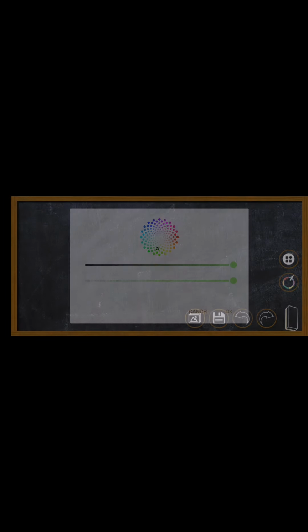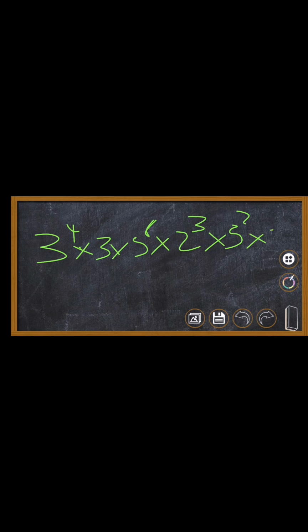So that was A. Our B would also be somewhat the same because we are working with different bases. So we have 3 to the power of 4 times 5 to the power of 8 times 2 to the power of 3 times 5 to the power of 2 times 3 to the power of 3. So 3 cubed. So what do we do first?